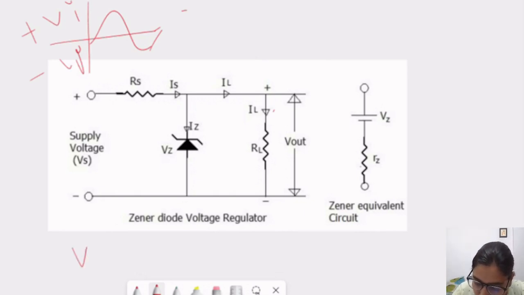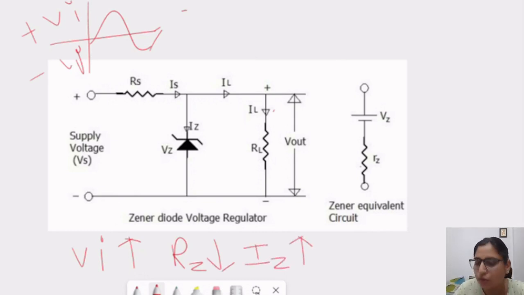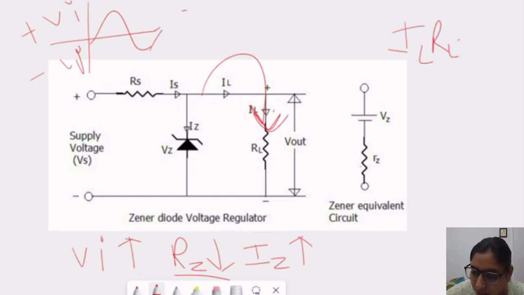So if the input voltage is increased, the Zener resistance, which I will denote by RZ, will decrease and more current will flow towards the Zener diode. So Iz will be high. If high voltage is coming, it means high current is coming to the circuitry. In this case, the resistance of the Zener diode will decrease, and if the resistance decreases, the conduction increases, or the current increases. If current increases, we will get less current at the output, and the product of IL and RL, which is nothing but V naught, will be maintained in a regulated manner.